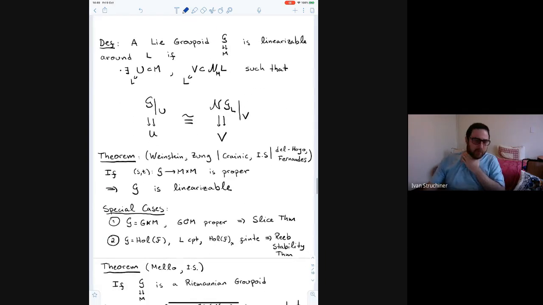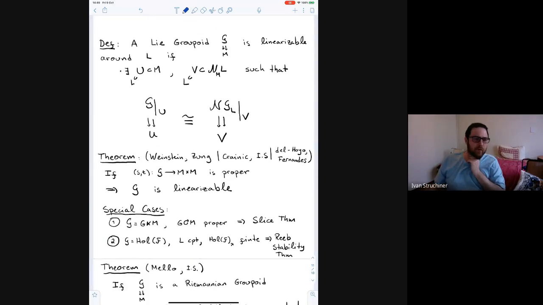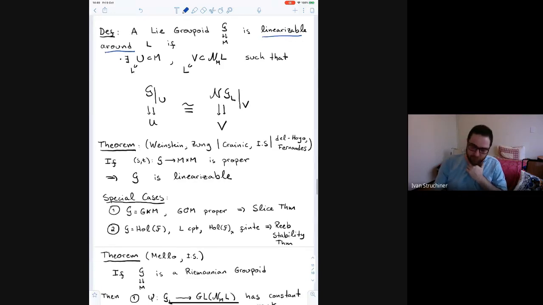So this is what Marcus had asked, right? A Lie groupoid is linearizable around the leaf if it's locally isomorphic to the local model. And there's a theorem which actually started with Alan Weinstein, and then Zung proved the hard technical part.